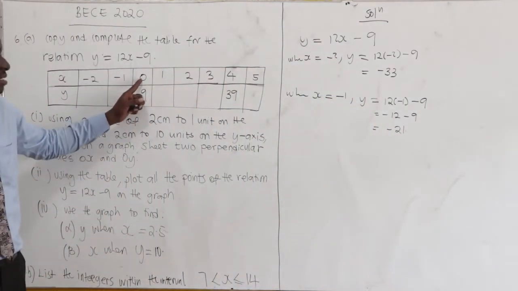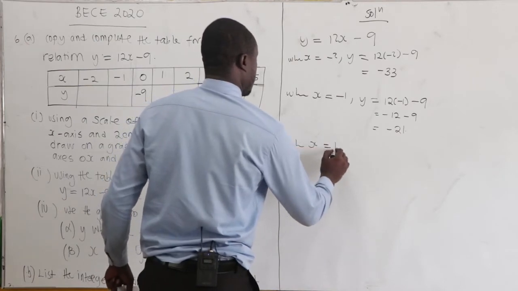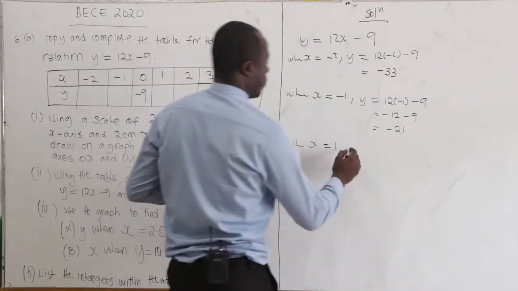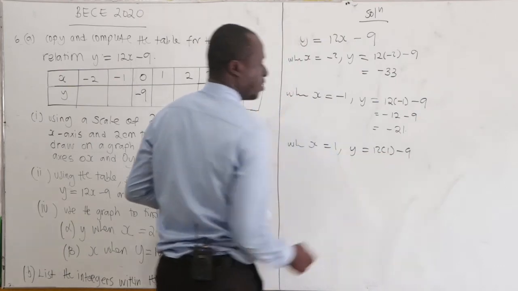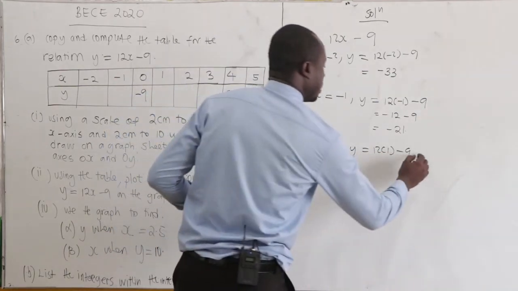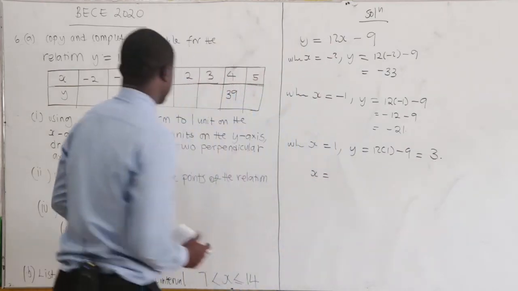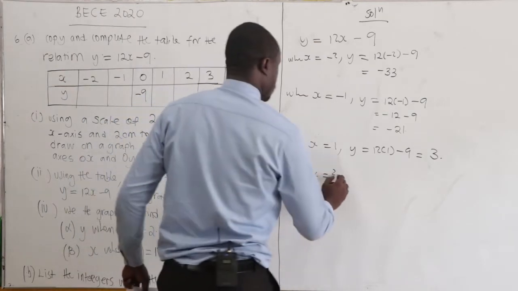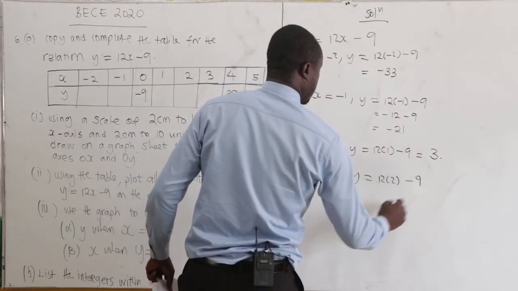Now when x is 1, what is y? We have y equal to 12 times 1 minus 9, so 12 minus 9, and this is just 3. Now when x is 2, we have y to be 12 times 2 minus 9.